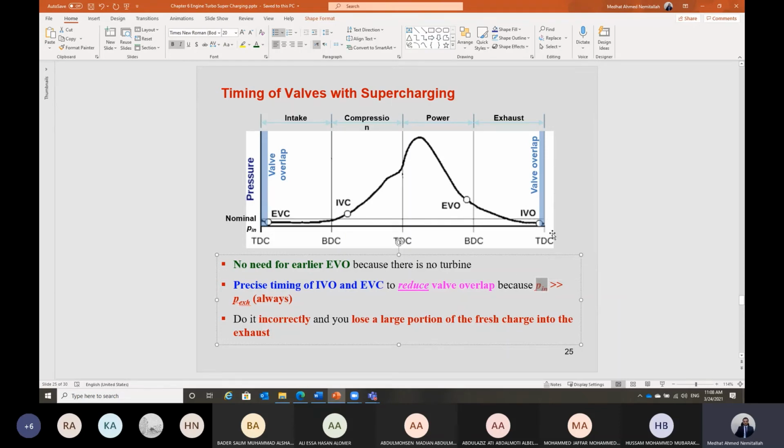It will scavenge the exhaust gases, and part of the intake charge will be thrown out through the exhaust valve during the overlap period. That's why we have to reduce the overlap period in the case of a supercharger, to reduce the losses in the intake charge during the overlap of the intake and the exhaust valve.